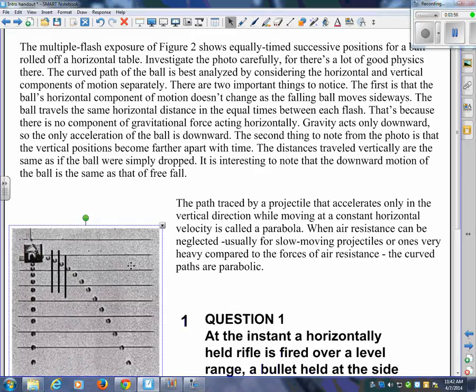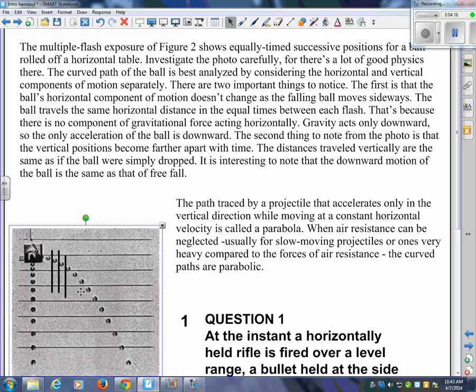All those distances between those lines are going to be the same. It travels the same distance to the right every time. How come? It's moving at a constant speed horizontally. There is no force causing it to do what? Accelerate, speed up, or slow down.